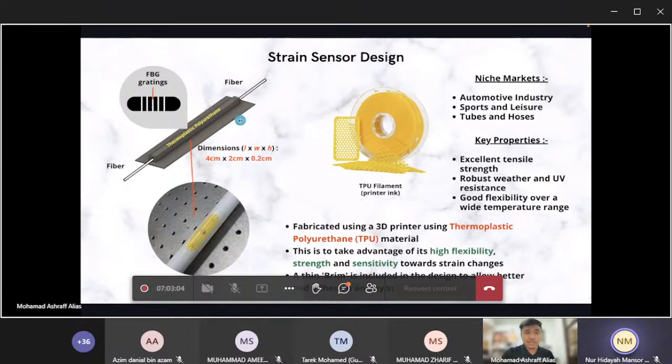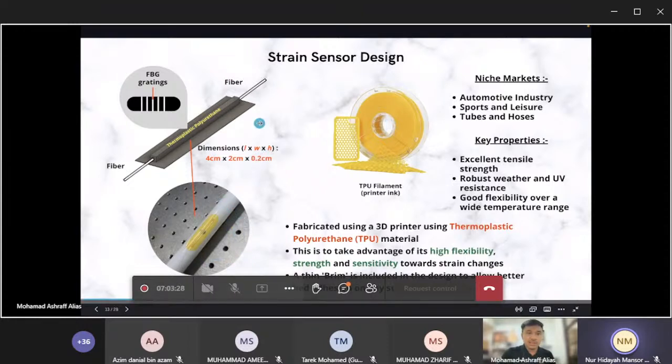I had fabricated this sensor using a 3D printer, in which the dimensions can be seen here. The fiber containing the FBGs is inserted inside a hole, and it is glued together using a cyanoacrylate glue, also known as super glue. This is the real picture of the fabricated sensor that I've done.